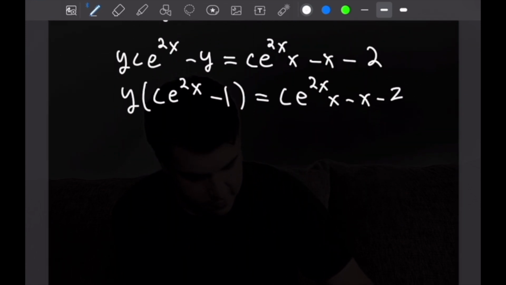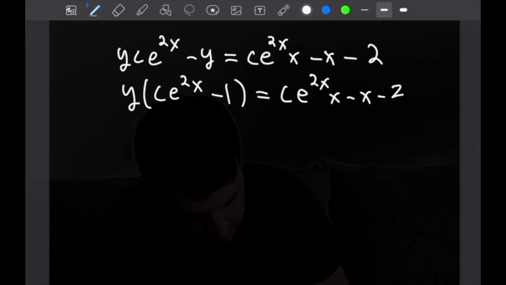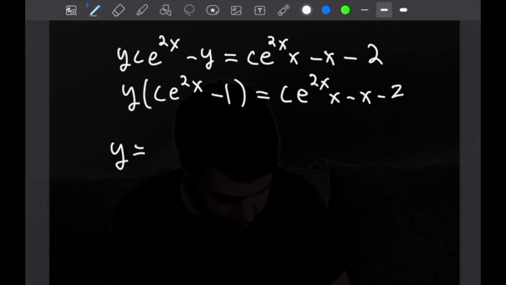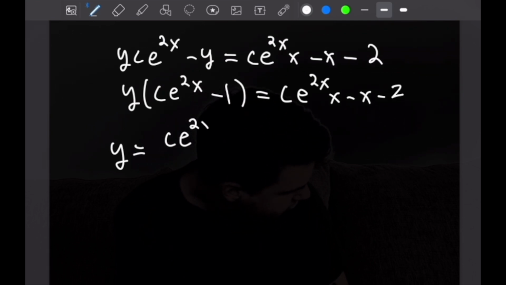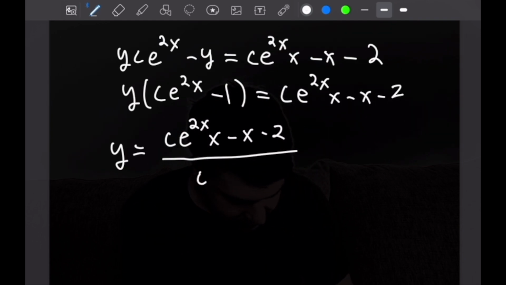And dividing those terms over to the right-hand side will give us our final solution to this differential equation. We will get that y is equal to (c times e to the 2x times x minus 2) all over (c times e to the 2x minus 1).